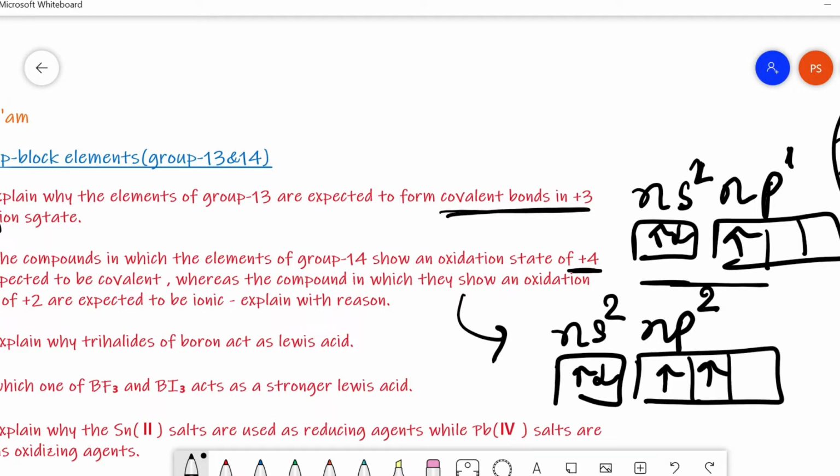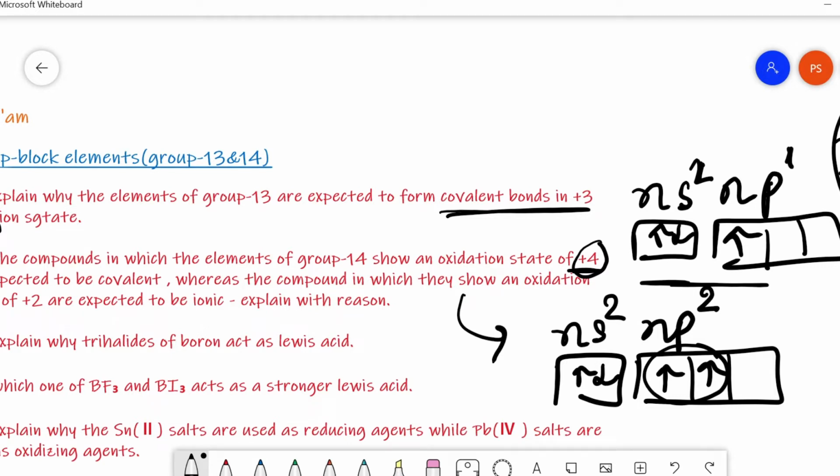Now, to form +4 oxidation state, 4 valence electrons are required to be removed from the valence shell, and thus a total of 4 ionization energies is required, which is an extremely high amount of energy, making this entire process energetically unfeasible. Whereas during the formation of +2 oxidation state, only 2 electrons are going to be removed. 2 ionization energies are required. So this is quite a feasible process.